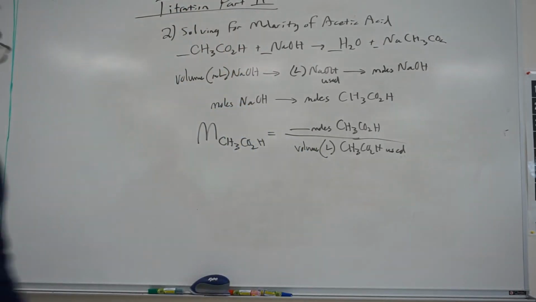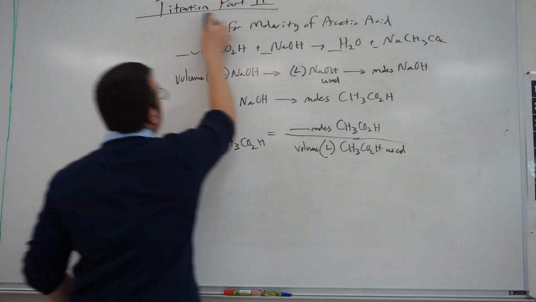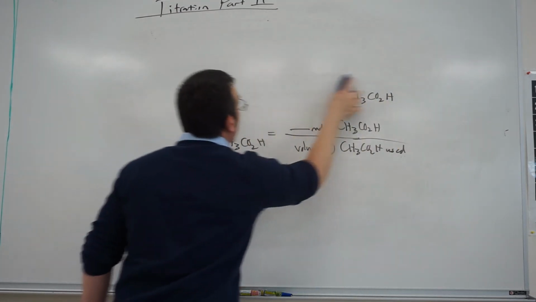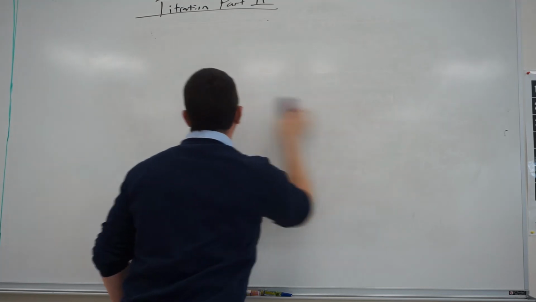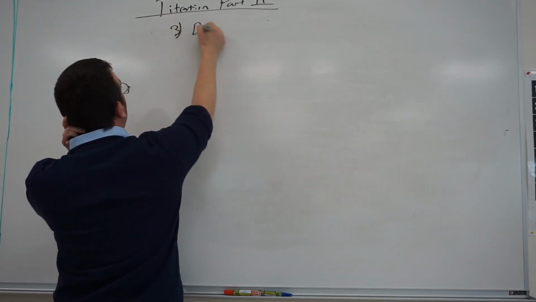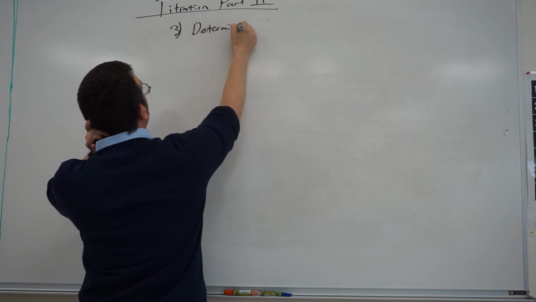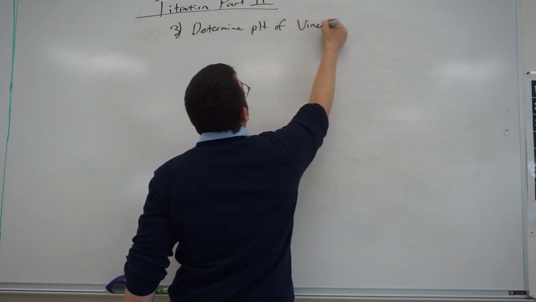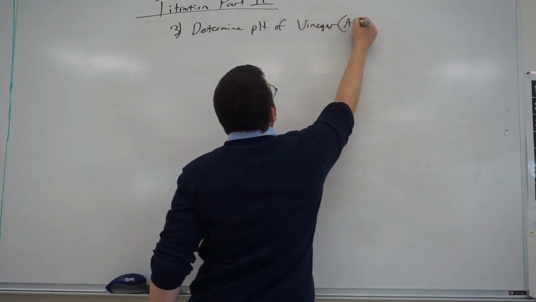Now, this goes back to what you've already learned how to do in lecture, and that is working with the equilibrium. So determine the pH of vinegar, also known as acetic acid.